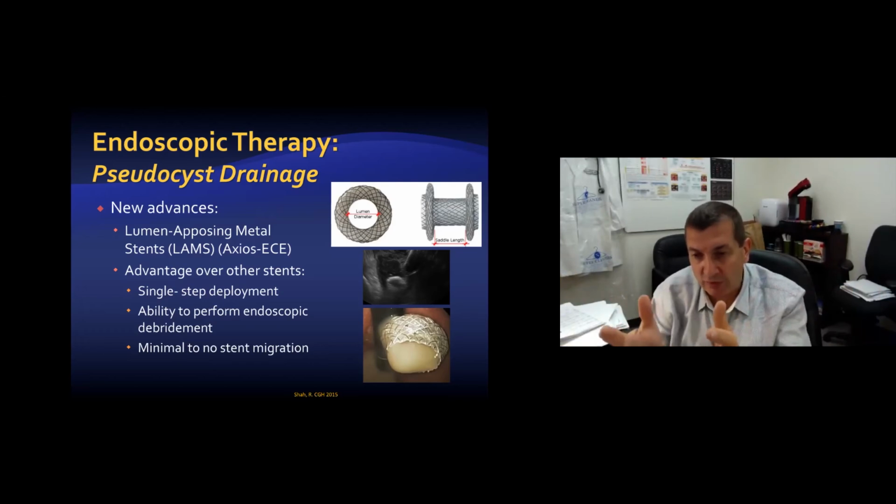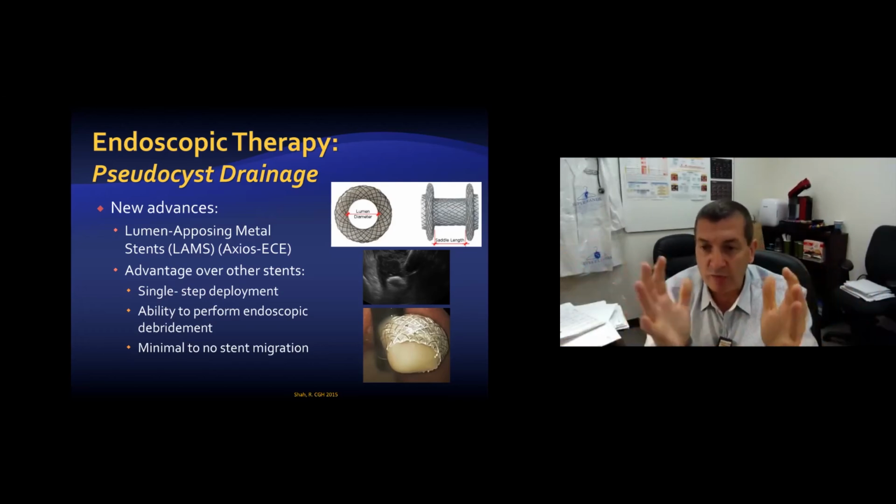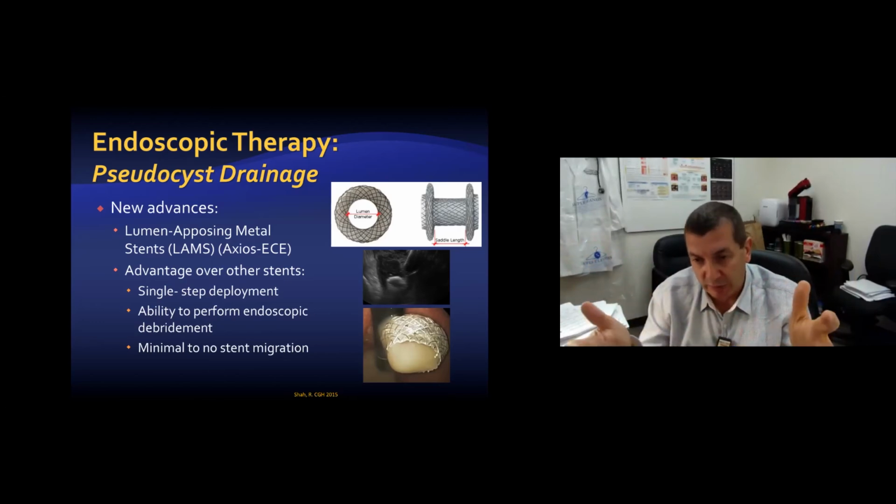So it brings the lumen of the pseudocyst and lumen of the stomach together and keeps them attached to each other or close to each other to prevent any leakage of fluid into the peritoneum. So one, it became single step deployment, does not require a fluoro, and everything is done under endoscopic ultrasound.